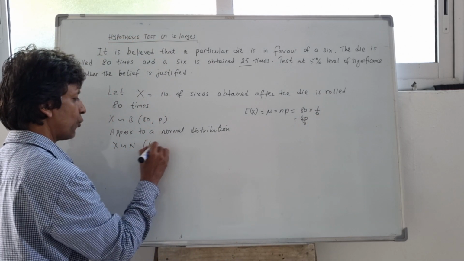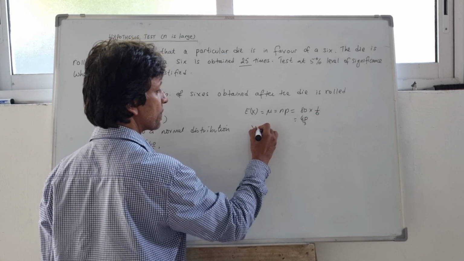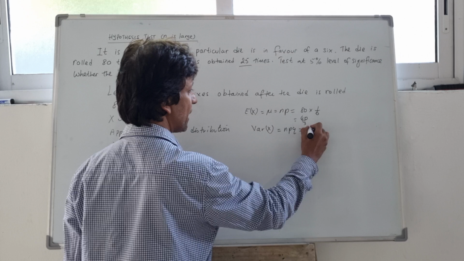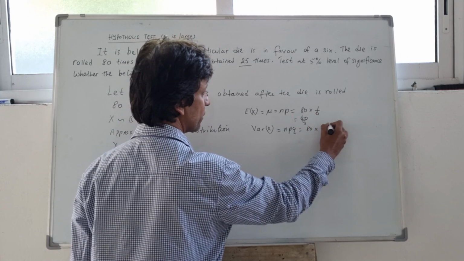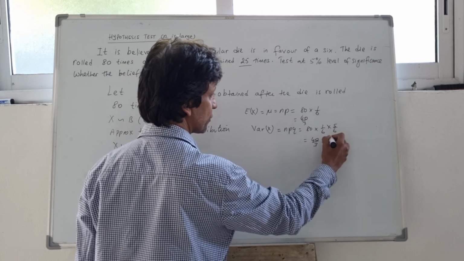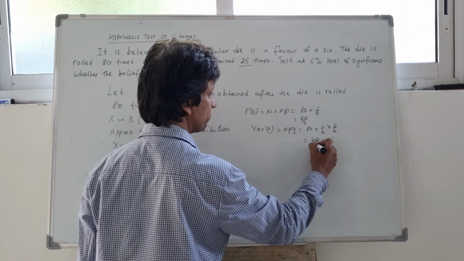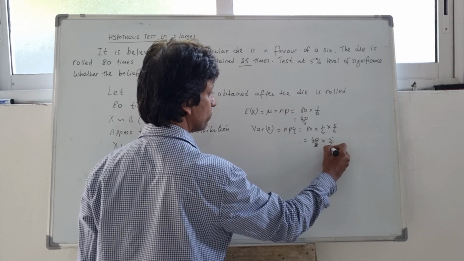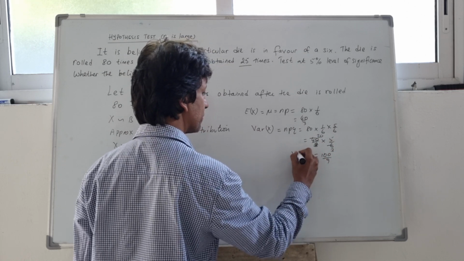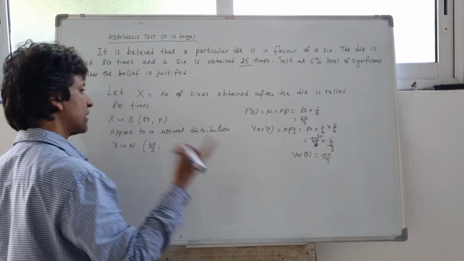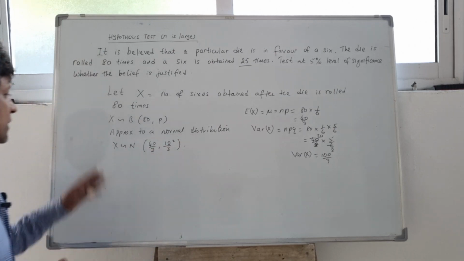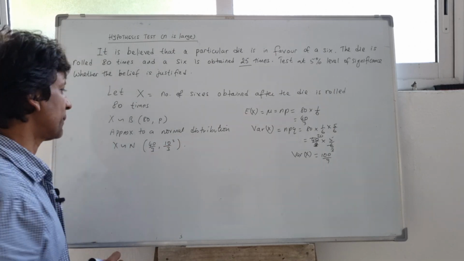My variance of x, which is npq, is 80 times 1 over 6 times 5 over 6, which is 100 over 9. So that's my variance. If the variance of x is 100 over 9, then the standard deviation is 10 over 3. This is my parameter for the normal distribution.